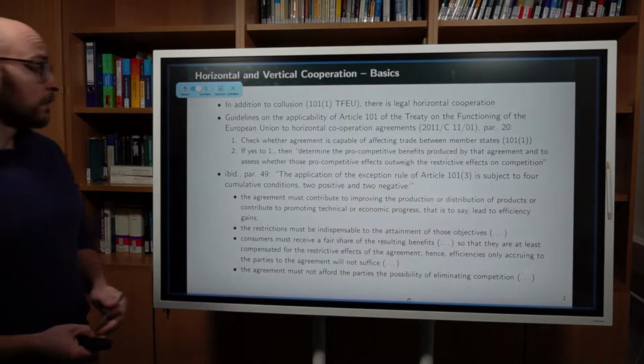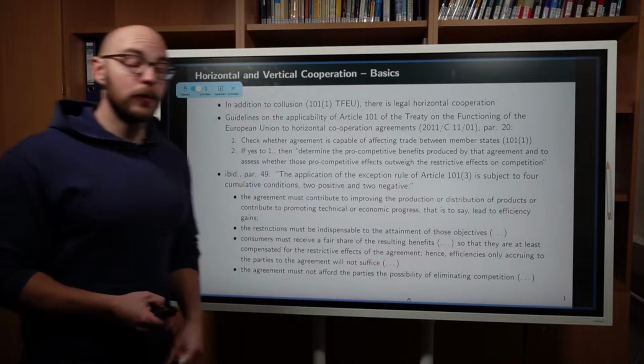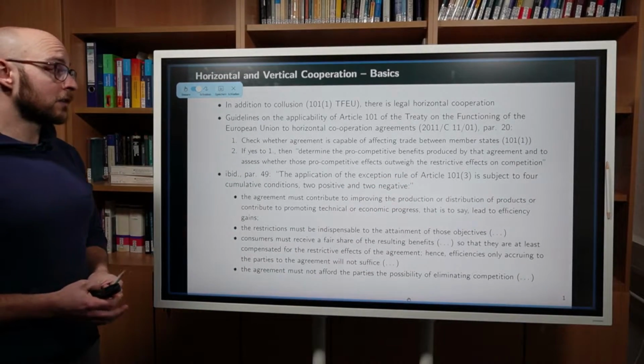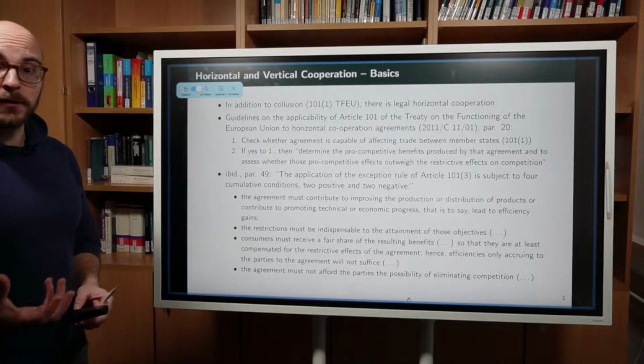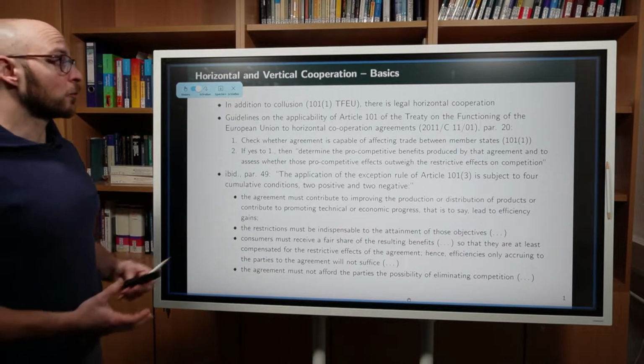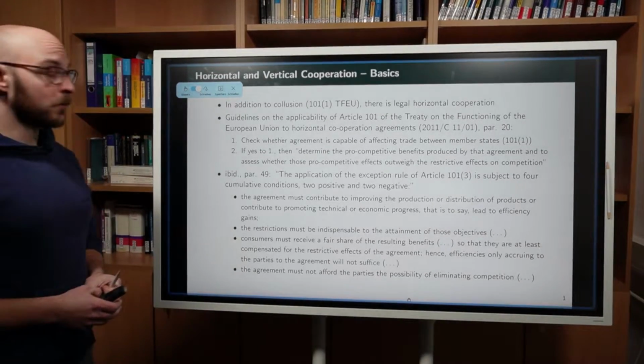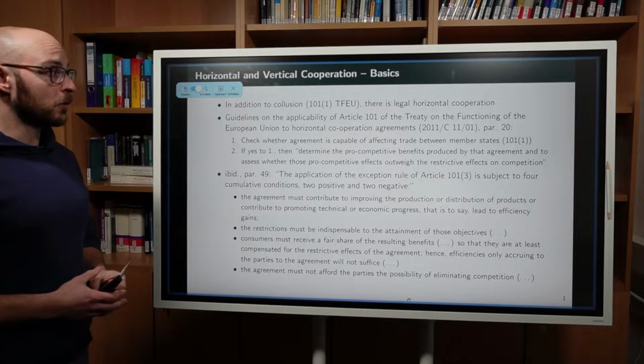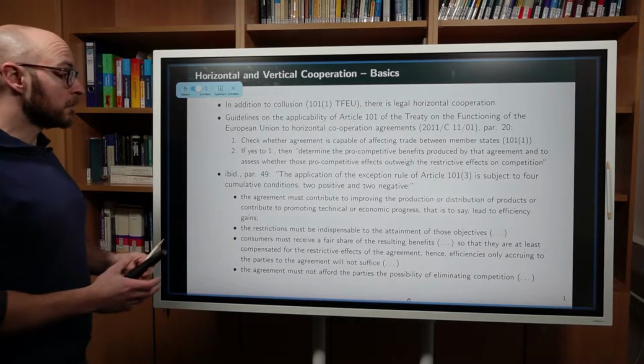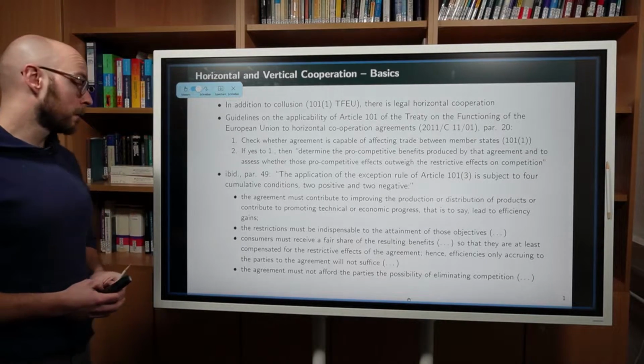So we basically move towards Article 101.3, where we have also addressed that the benefits to the consumer basically outweigh the negative effects. And so the type of cooperation that we consider is beneficial from an economic standpoint.